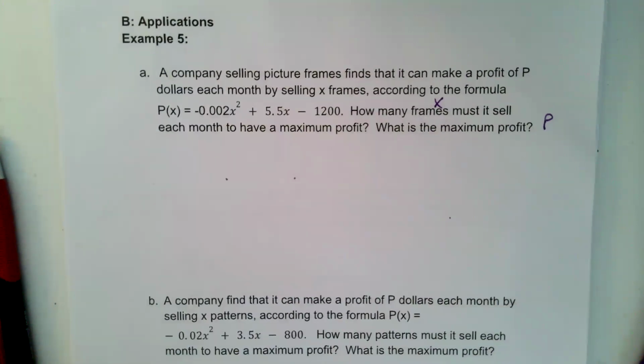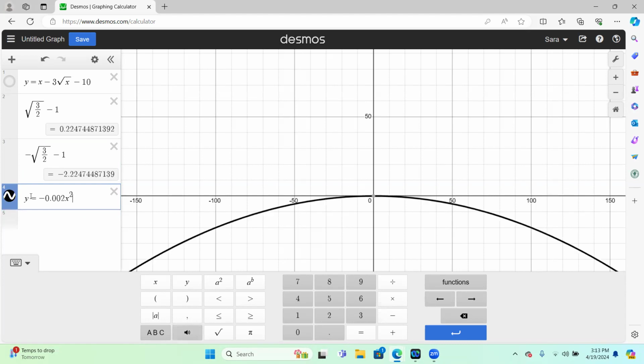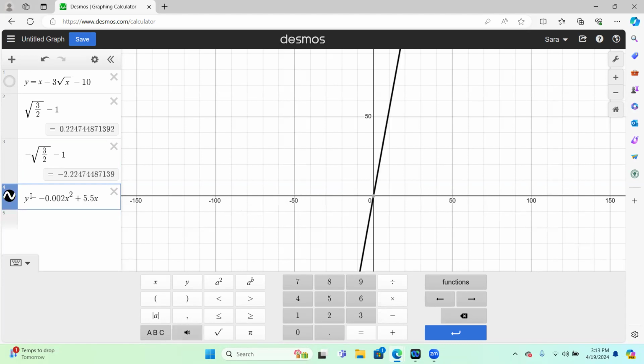So let's go to Desmos and put in our equation. Getting some Desmos practice is always good. I'm just going to say y equals -0.002x squared plus 5.5x minus 1200.